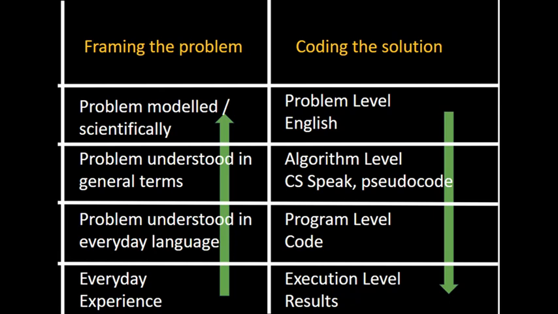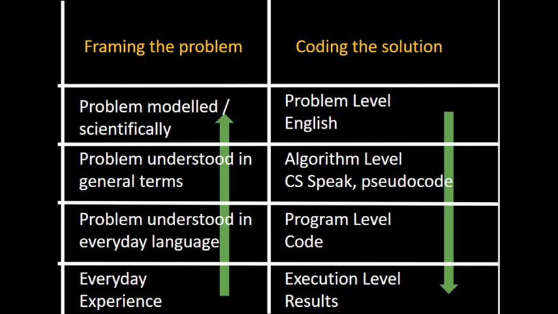And then they've got to code that solution, and then they move down from a more abstract level of understanding what the solution is, designing an algorithm, bringing in more computer science speak, flowcharts and pseudocode, trace tables, whatever it is, and then actually doing the coding in a particular syntax. Then they need to execute the program, observe it, test it, and then debug it.